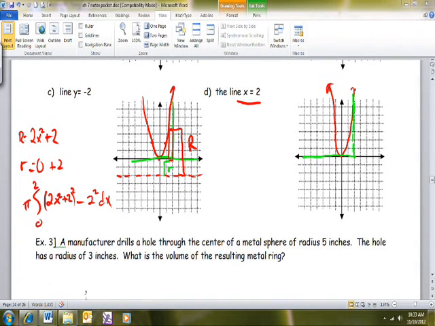So if I want to revolve it around x equals 2, I really want to think about everything going sideways here. We have our rectangles, but they're sideways rectangles. We're only looking at this area here, and I don't really have a gap. Our little r is just going to be 0. So our big R is from here to here.